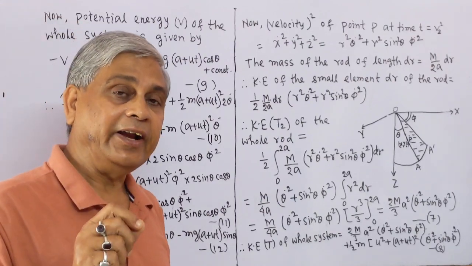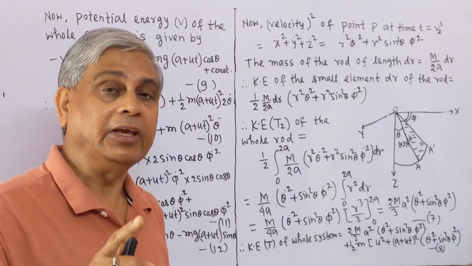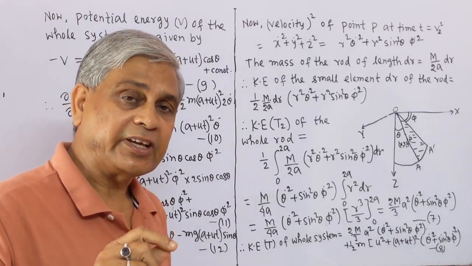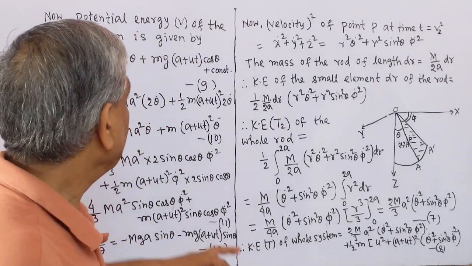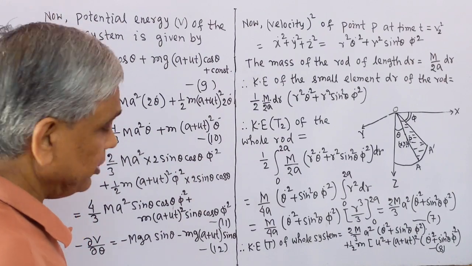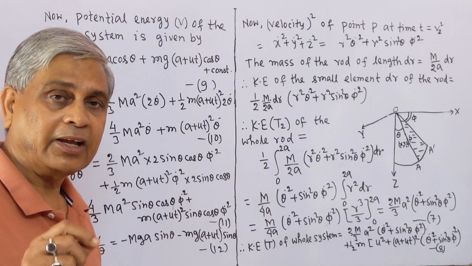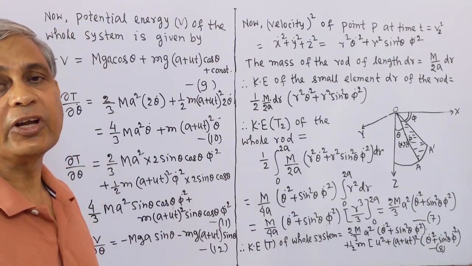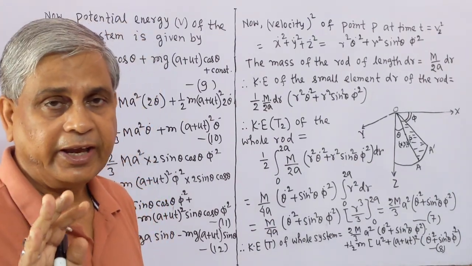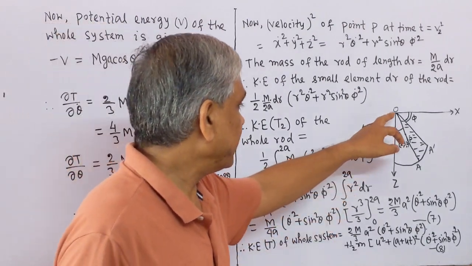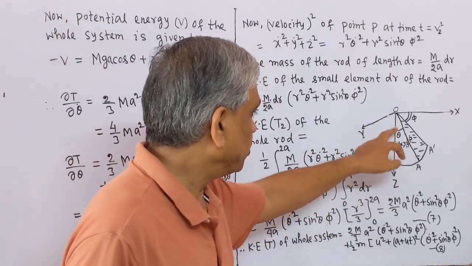Now we find the potential energy V of the whole system. This potential energy is given by minus V. Minus V is written in the sense of a reduction in potential energy, because any point is under the fixed point O.